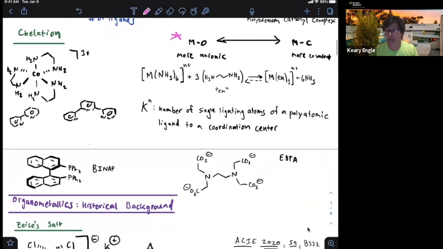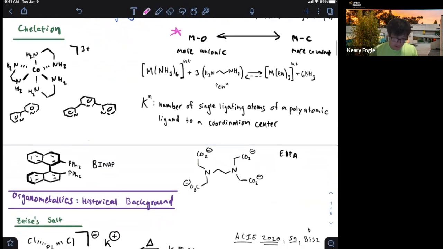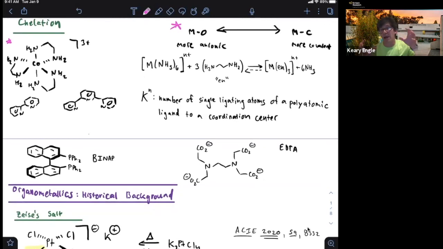So an important concept in coordination chemistry and organometallic chemistry is chelation. We can cover this later in the class, but I like to cover it at this point because chelation also played an important role in the history of Werner complexes. And so here's an example of a chelated structure, meaning a ligand that's bound to a metal through more than one site.